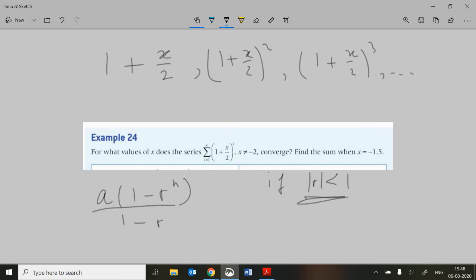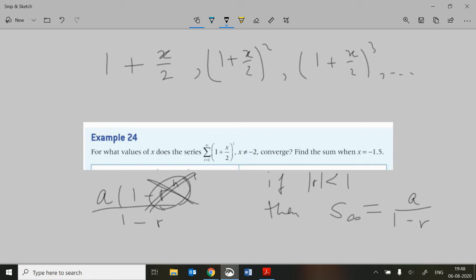then you can say that the sum to infinity is equal to a over 1 minus r. In other words, this disappears. It disappears because your terms are getting smaller. If you're timesing by 0.9 each time, your terms are getting smaller, or at least the magnitude of them, the size of your terms, forgetting about the plus or the minus.